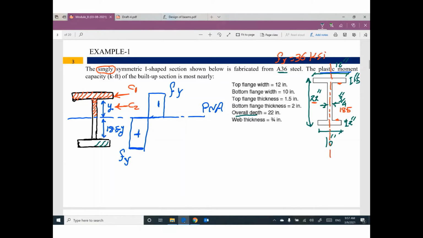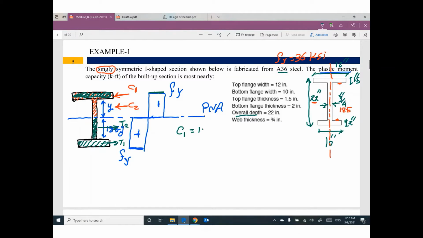This bottom flange of the cross section has a tension T1. This little part of the web will be under tension T2. Go ahead and figure out C1, equal to the area of this flange times this stress yielding.